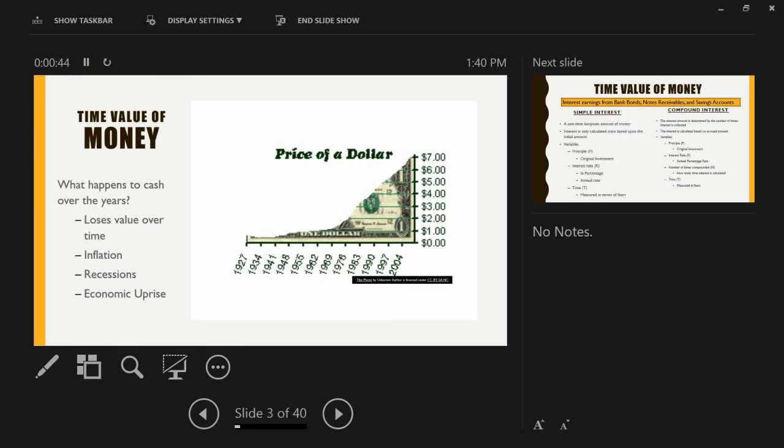Obviously, we know that our dollar does not always stay a dollar, okay? With time, it either increases or decreases in value due to inflation, recession, all those factors come into play, and it makes the dollar either stretch or shrink, okay?